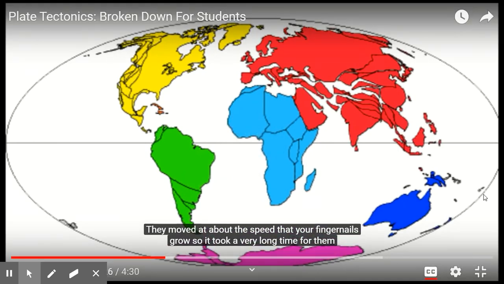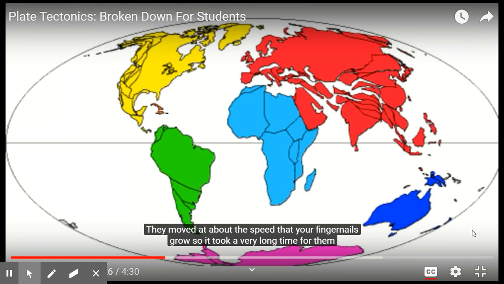So if you look at Pangaea, they used to all fit together. Now, as the plates have moved apart, you will notice that they still have the same type of shape, with South America and Africa being one of our major indications.